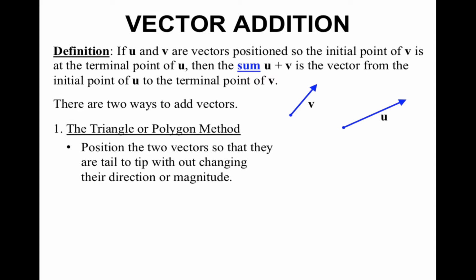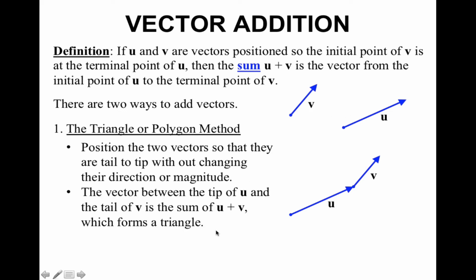We position the 2 vectors tail to tip without changing their direction or magnitude. Notice how I put vector u, and then vector v is sitting on the tip of vector u, and their direction and magnitude are the same. The vector between the tail of u and the tip of v is the sum u plus v, which forms a triangle.